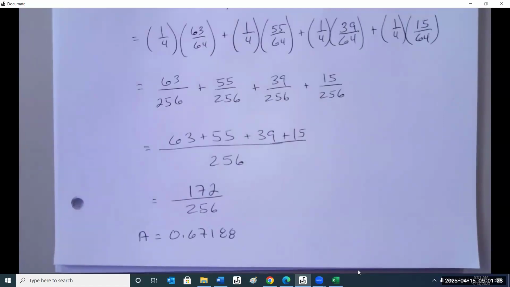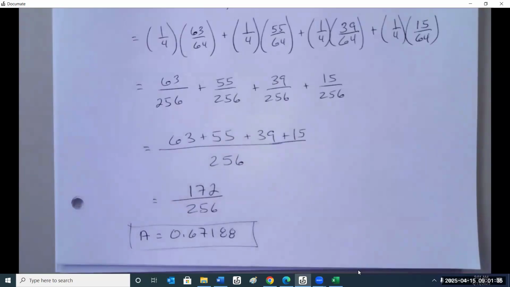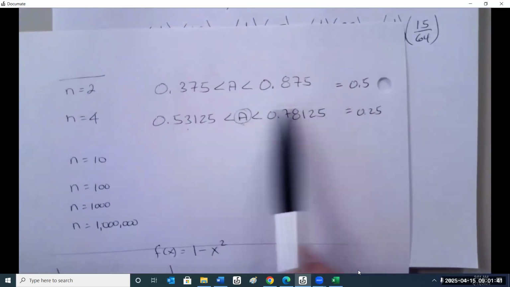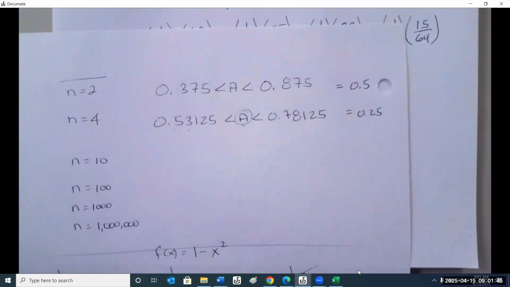And if you look at that, this area, which we just calculated using the midpoint, is always inside the bounds that we've gotten, the upper and lower bounds of our previous examples.